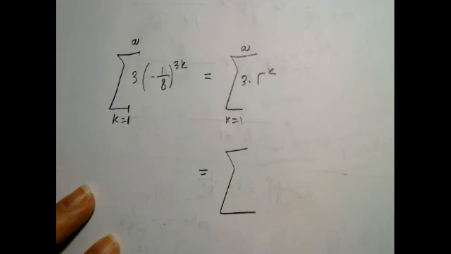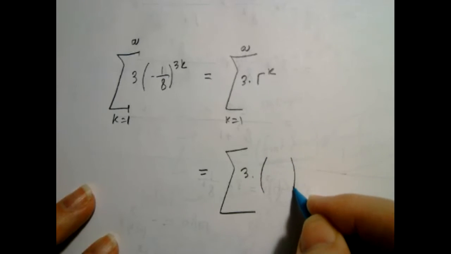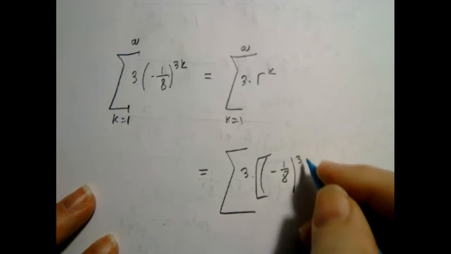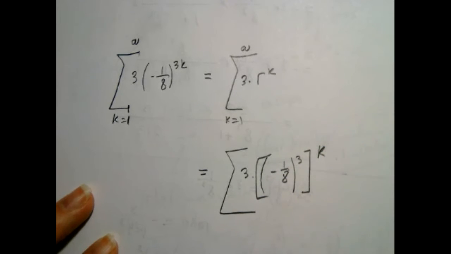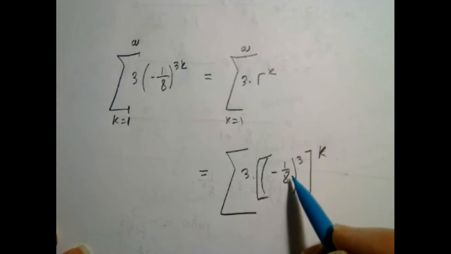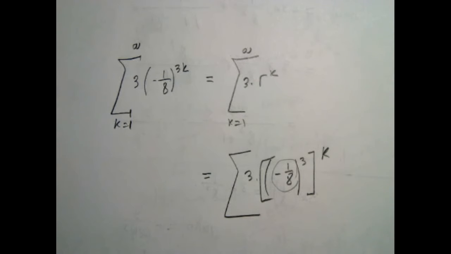You can bring the cube in. Right. So you can write it as -1/8, the whole thing to the power k. And now that shows the ratio here. So it's nice sometimes to see how to rewrite a sum so things will work.